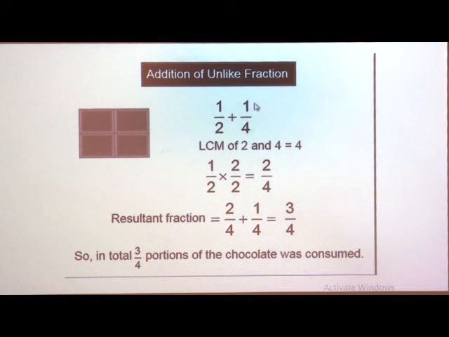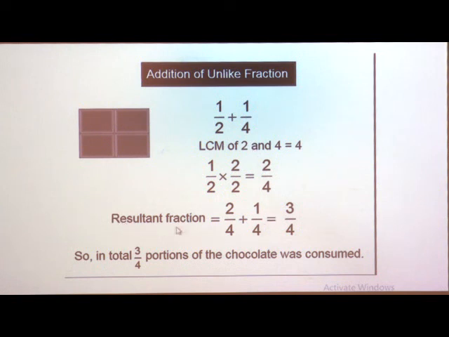Now, 1 upon 4: to make the denominator 4, it is already 1 upon 4, so we multiply by 1 and it remains the same. We follow the same procedure as with the other fraction, but since we have 1 in the numerator, there is no change.